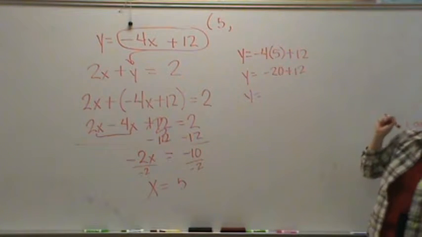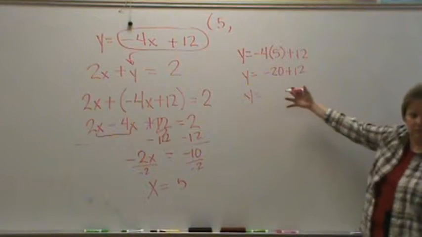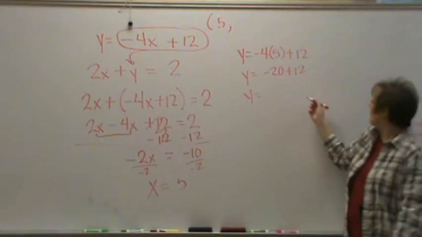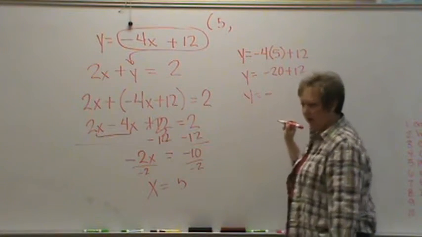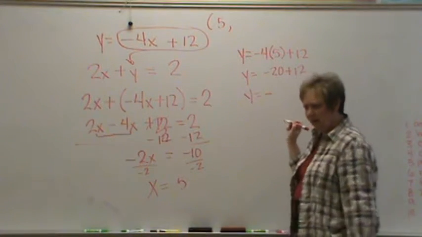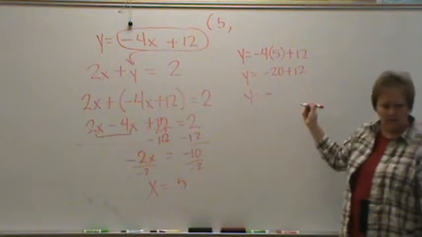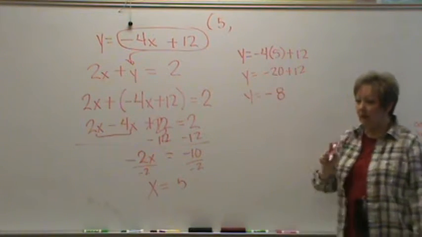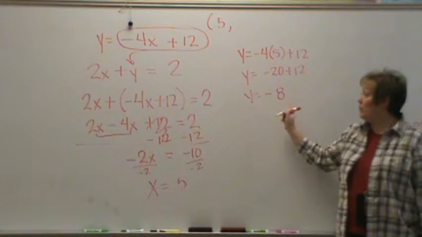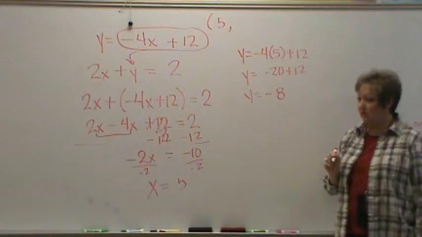Multiply 5 and then negative what? Negative 8. I did the other one. Okay, now even if you did the other one, you should still end up with this.